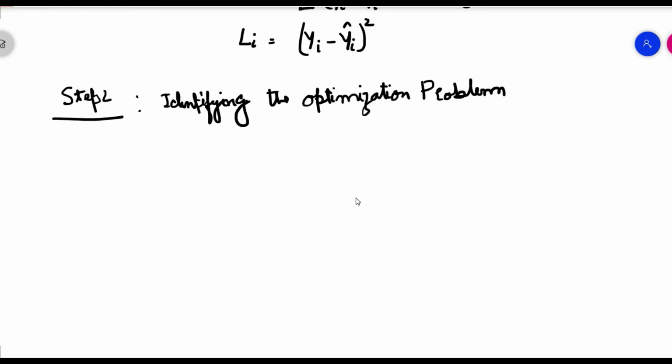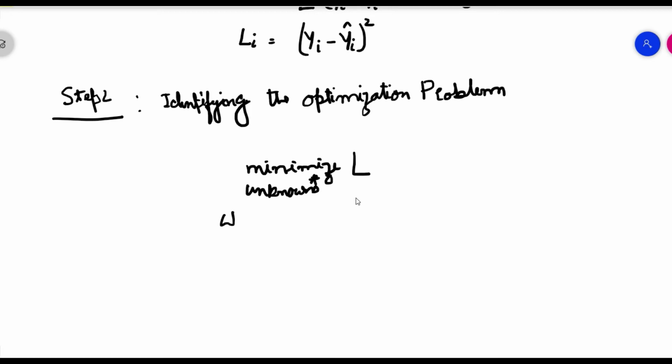So the optimization problem is about finding the optimal value of the unknowns that minimize your loss function L, the loss value L. As already explained in the single neuron model training video, what is the unknown? You have already been given your data set, so you have the xi's and yi's at hand. The only thing that is unknown is your weights.